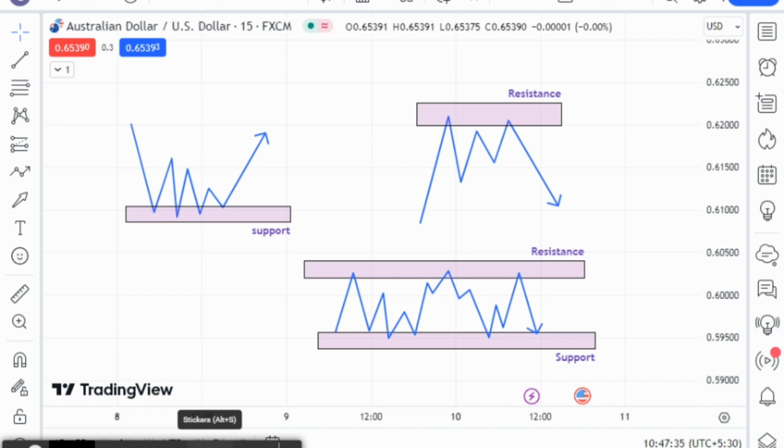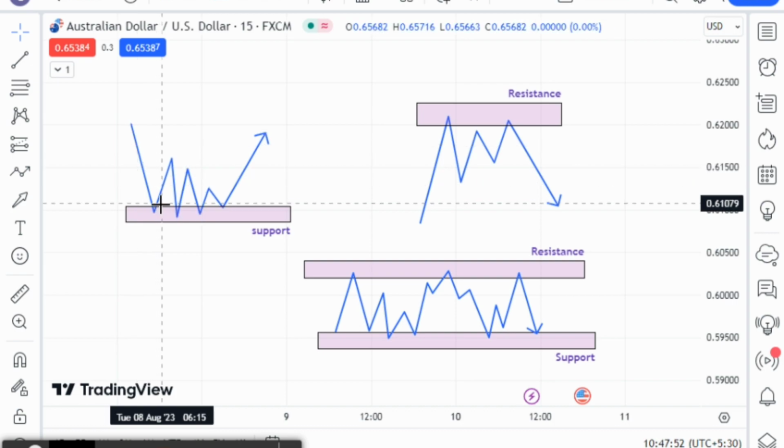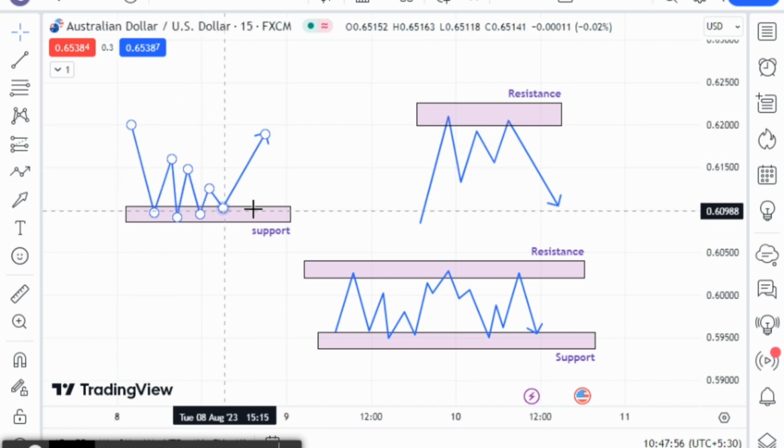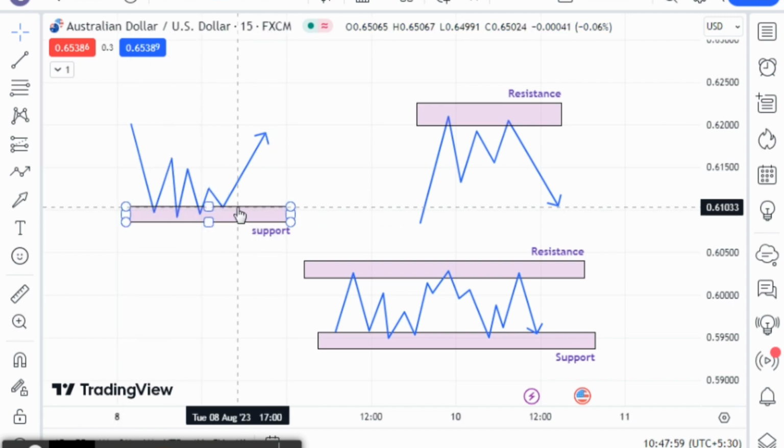Coming to the video, we have to know what support and resistance are. First, I'm not going to explain the definition. In simple terms, when price is in a downtrend like this and in some area the price gets rejected, that zone is called support.